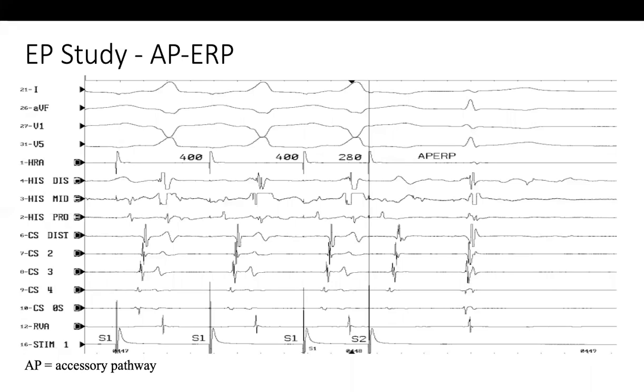So theoretically, if we reduce S1 to S2, for example 400, 280, 400, 260, 400, 250, 400, 240, then we evaluate the effective refractory period of the AV node and the accessory pathway. And sometimes the accessory pathway blocks before the AV node.